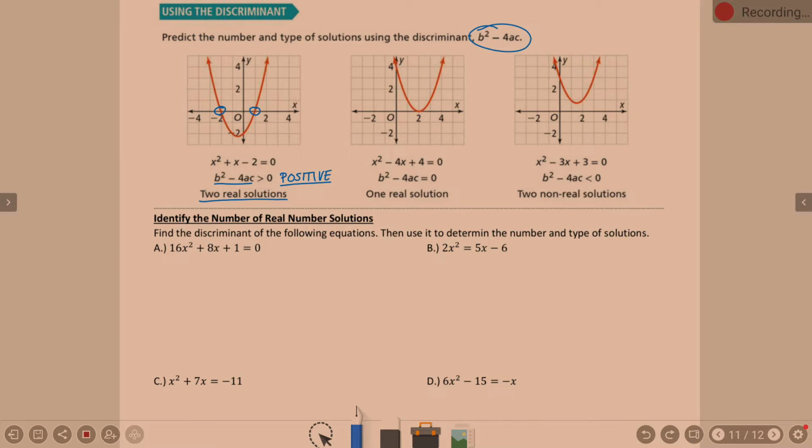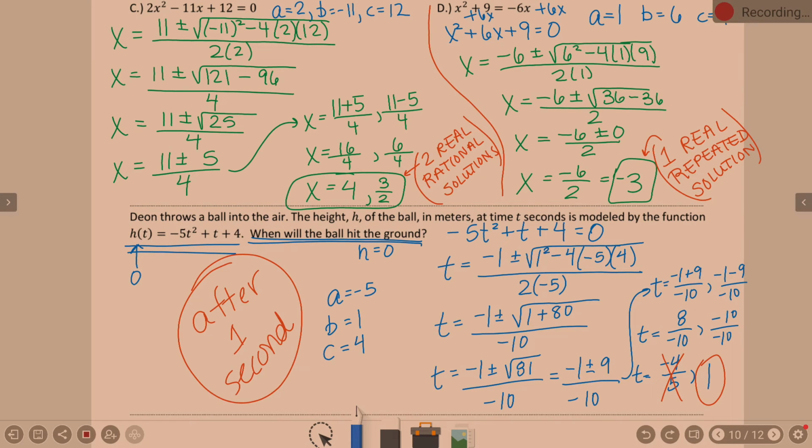Middle example. If your discriminant, b squared minus 4ac, equals 0. We had one like that yesterday, where the discriminant equals 0. How many solutions are there? There's one. It was example D yesterday, where we got one solution because our discriminant was 0.